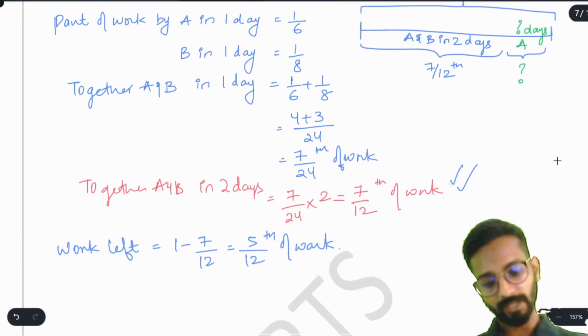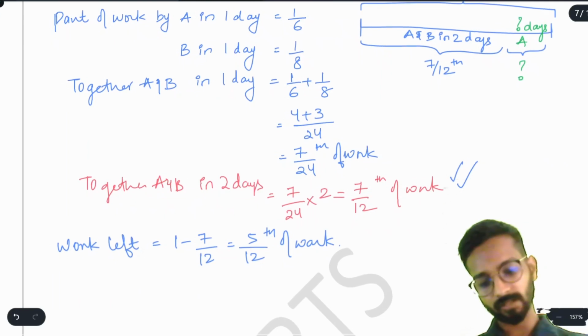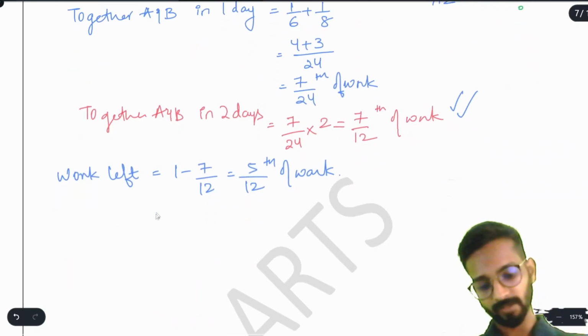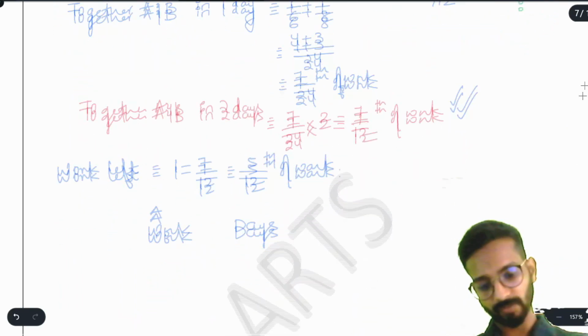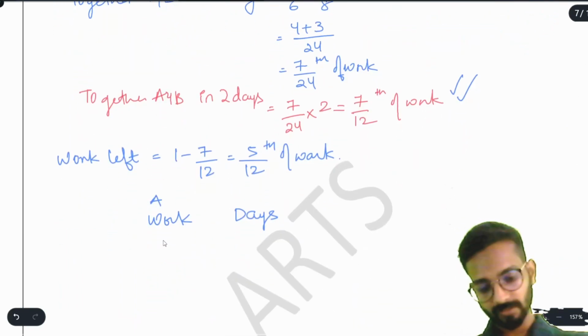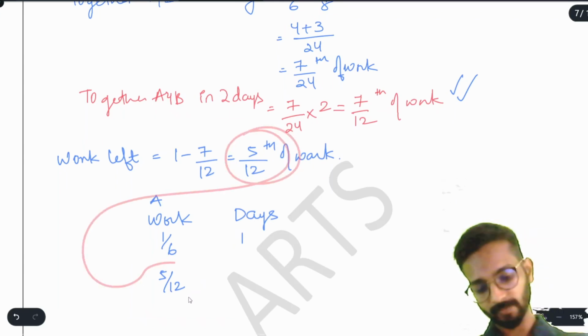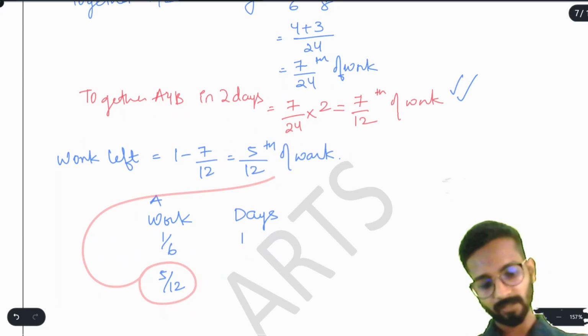Now we already know that A in 1 day does how much work? 1 by 6. Now he has to complete 5 by 12. We can use cross multiplication for A, work done and number of days taken. See, A completes 1 by 6 of work in one day, and it has to now complete 5 by 12 of work. We have to find out the number of days.